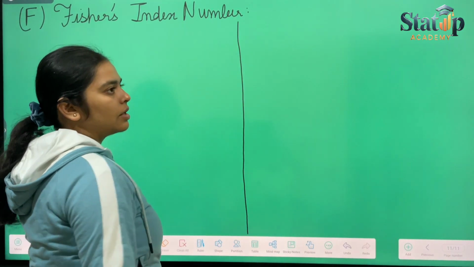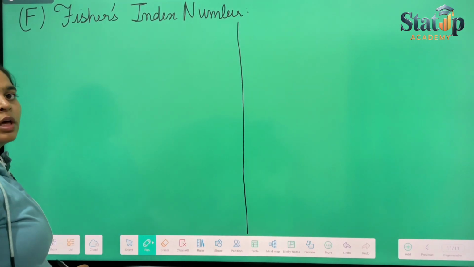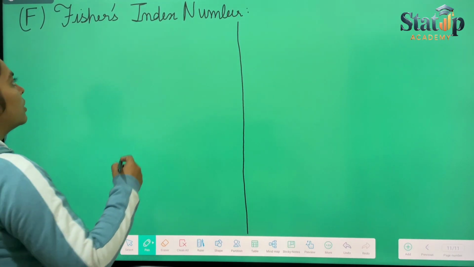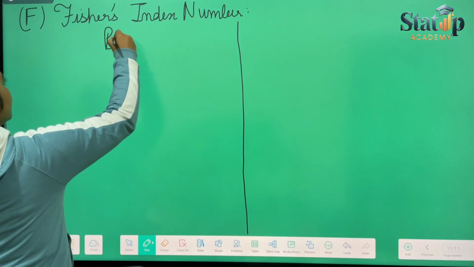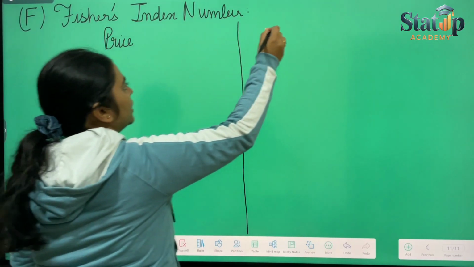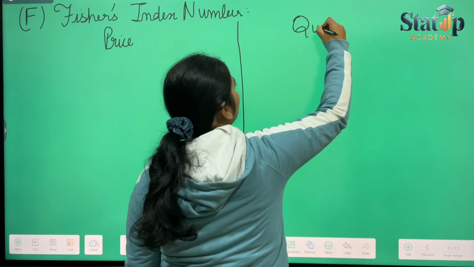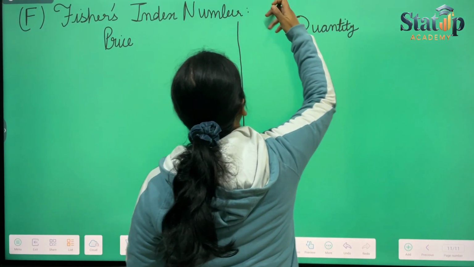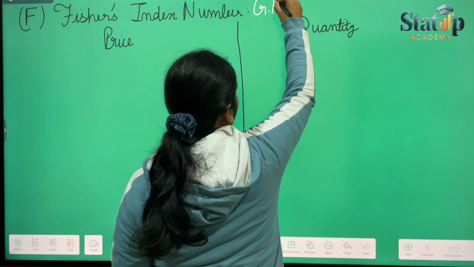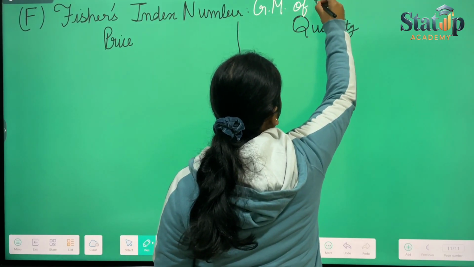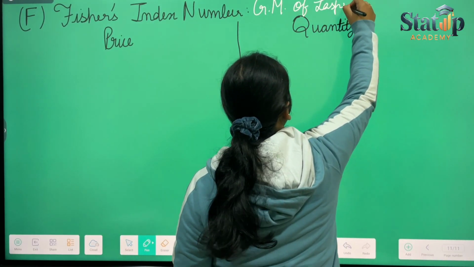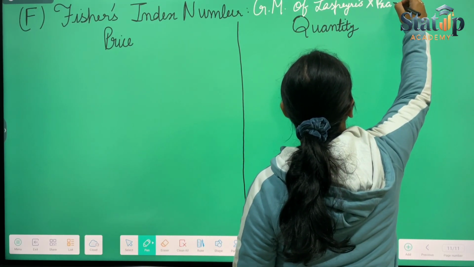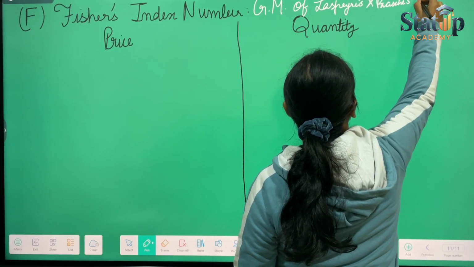Fisher's index number is the geometric mean of the Laspeyres' and Paasche's index number. So again, we are dividing into price and quantity. Here we can write it is the geometric mean of Laspeyres' and Paasche's index number.